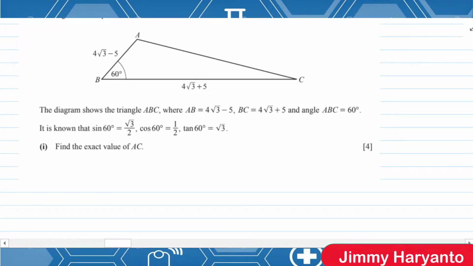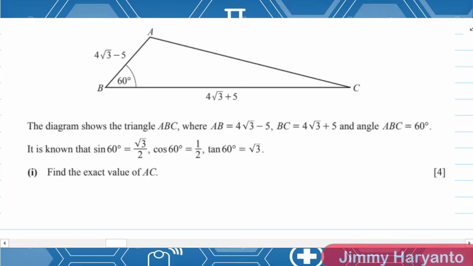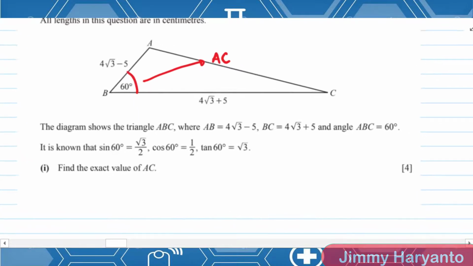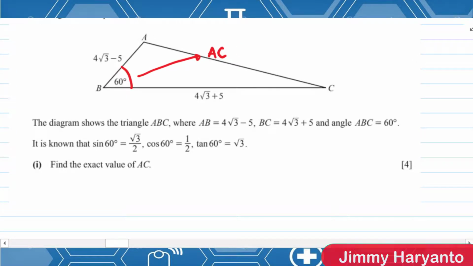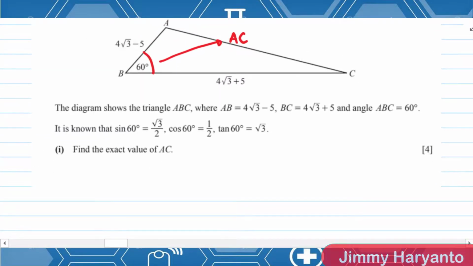For number 10, we have these triangles and we have two sides AB and BC and the angle of 60 between them. So I will pair up the angle with these sides. I will call it AC. Because we only have one pair of the sides and angle, we should use the cos rule.